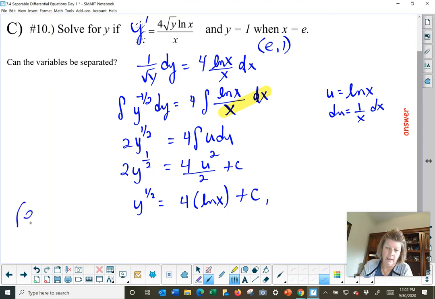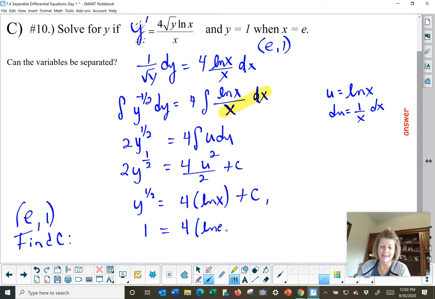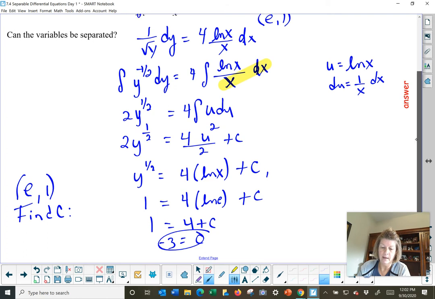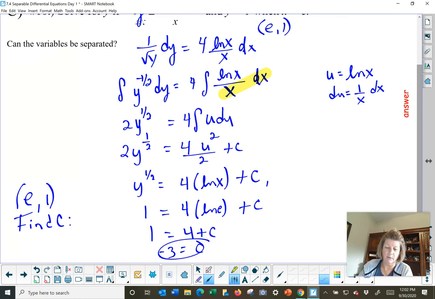We have e comma 1 to help find c. So 1 goes in. I have square root of 1 is 1. 4 natural log of e, that's going to be a 1, plus c. It gives me 1 equals 4 plus c. So c turns out to be negative 3.